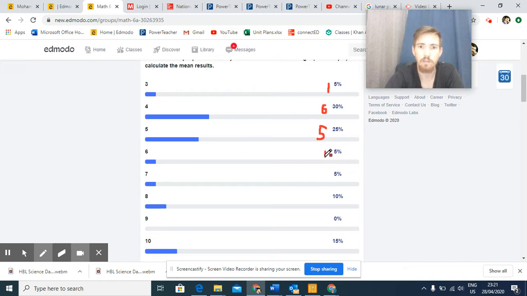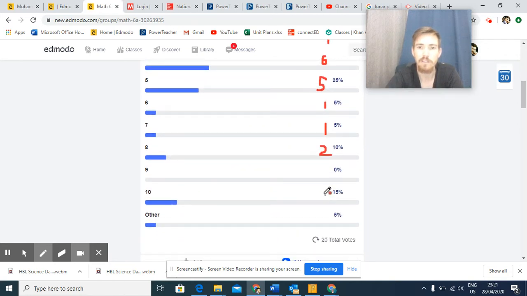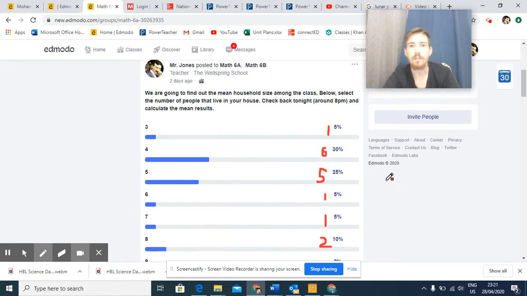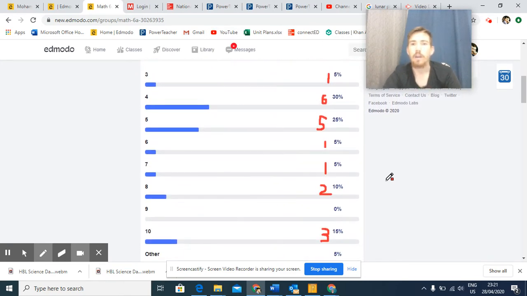This is 1 vote. This is 1 vote. 10 divided by 5 is 2, so this is 2 votes. 15 divided by 5 is 3. All right, that's trippy.